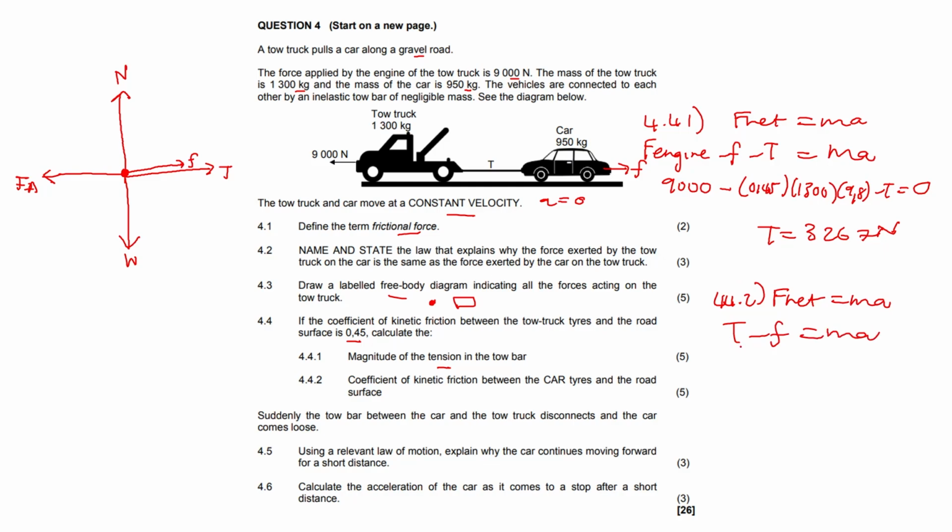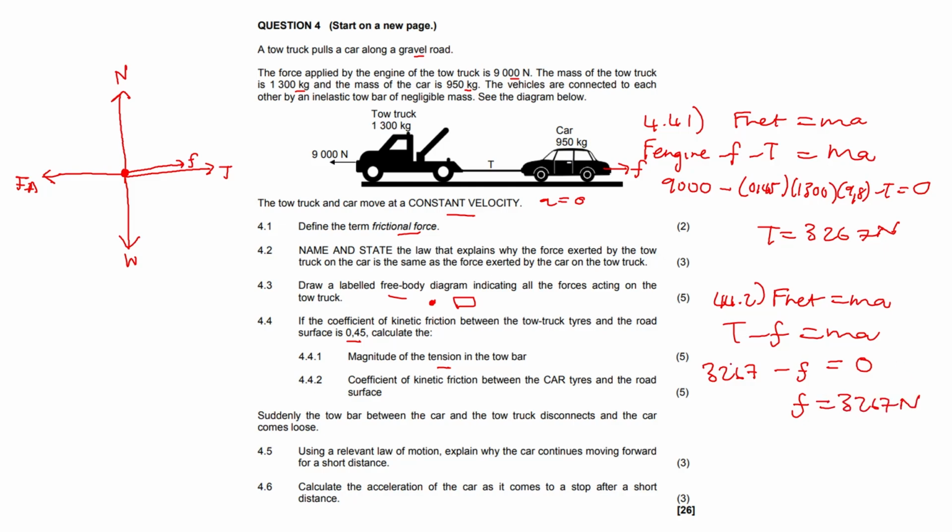The tension of the tow bar we have already calculated is 3267, so the tension here will also be 3267. We don't have friction yet, and the tow truck and the car are traveling at constant velocity, so acceleration will also be 0. Anything times 0 is 0. Therefore friction will be 3267 newtons.